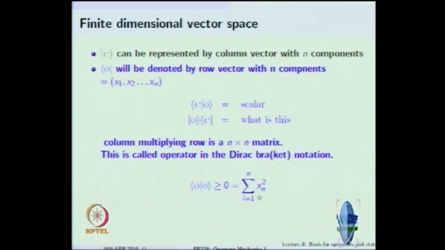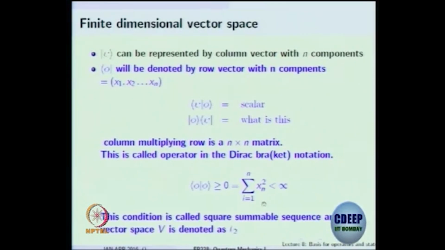Now this condition for a real vector space: suppose I take n to be very large, even though I started with a finite dimensional vector space. If n becomes very large, the squares which I add may blow up, may become infinite. For a finite dimensional vector space you can always make it finite, but if n becomes very large, there are chances that it would not be finite.